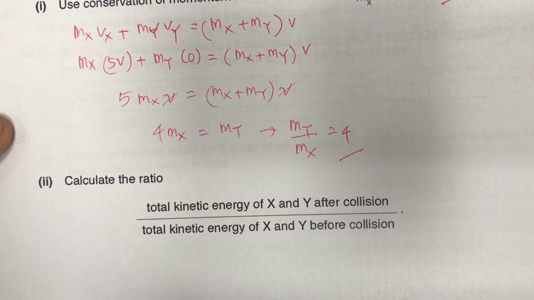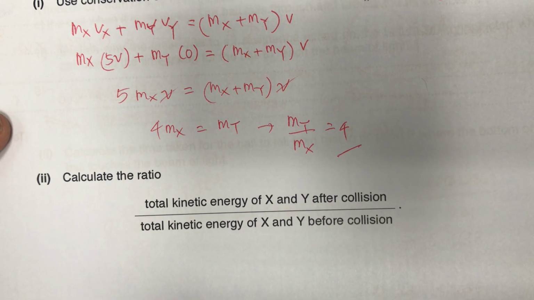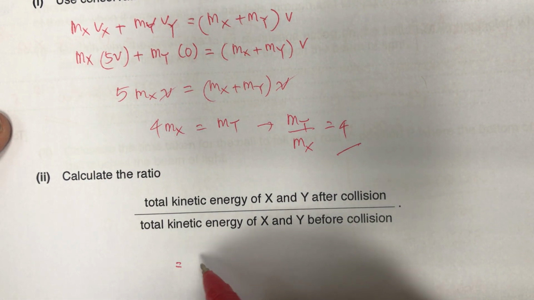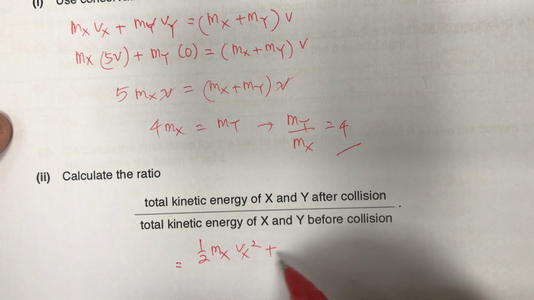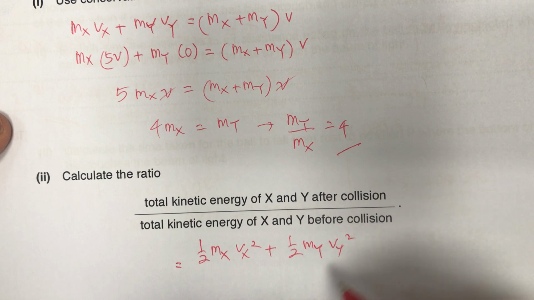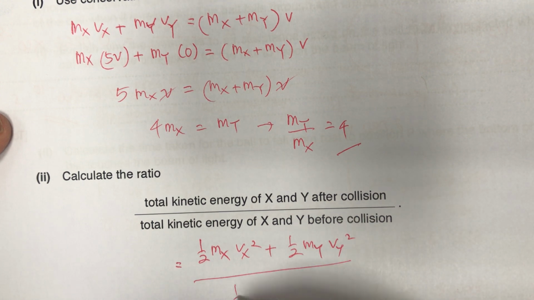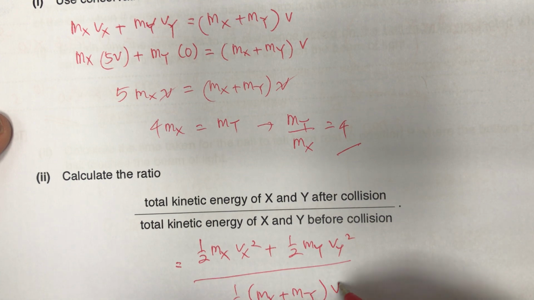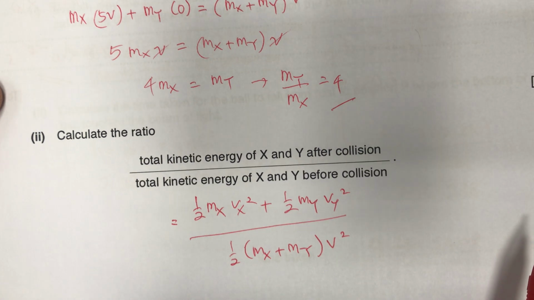Question II, calculate the ratio of total kinetic energy of X and Y after collision and total kinetic energy of X and Y before collision. The kinetic energy is a half mx vx squared plus a half my vy squared, divided by a half mx plus my v squared.